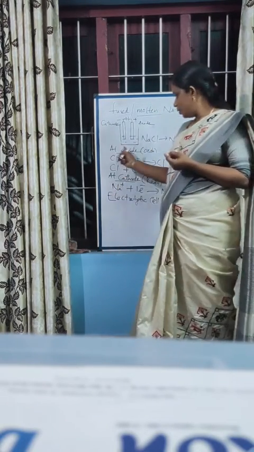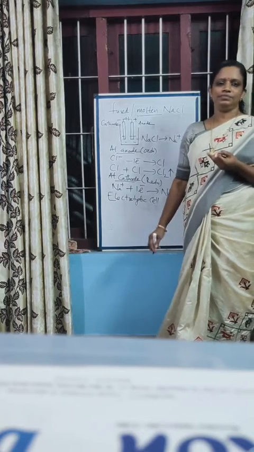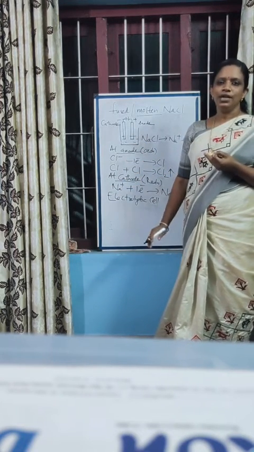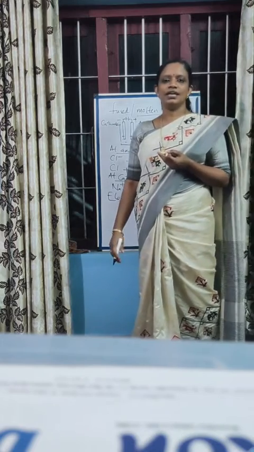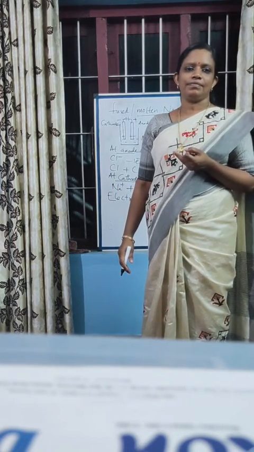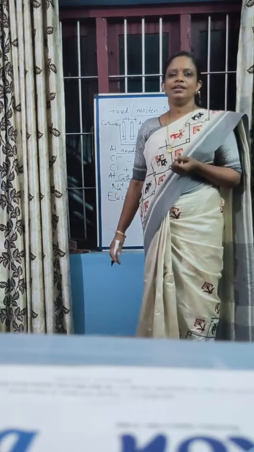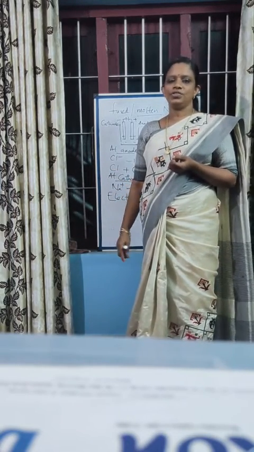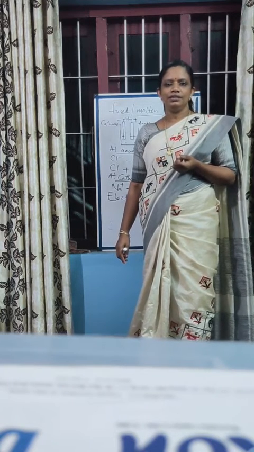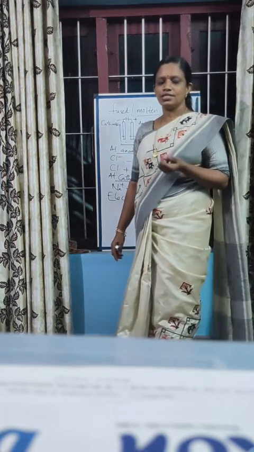Second question, can we utilize this principle? This is a beautiful conversion of electrical energy into chemical energy. Can we utilize this energy conversion? Yes, very good. This is the principle of electroplating. What is electroplating? We have to discuss it later.